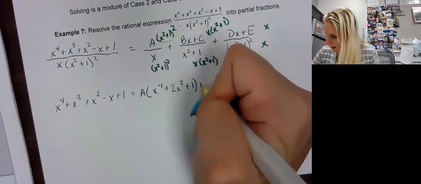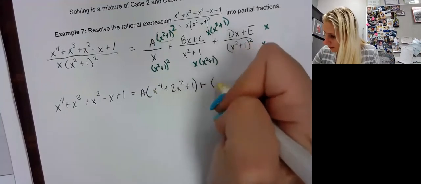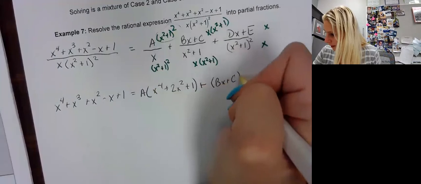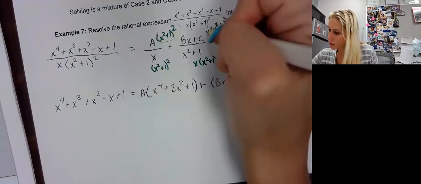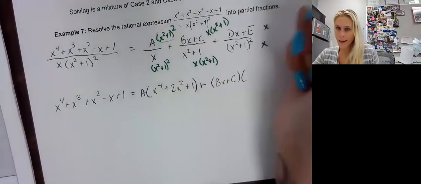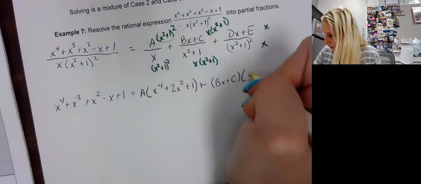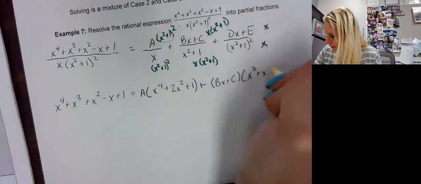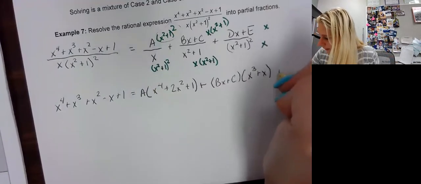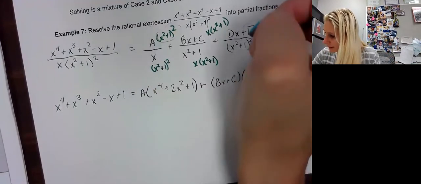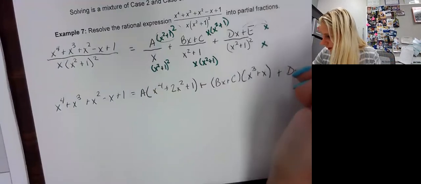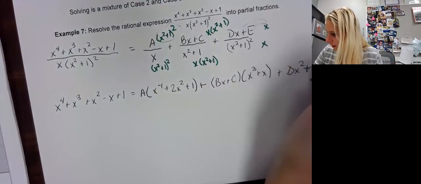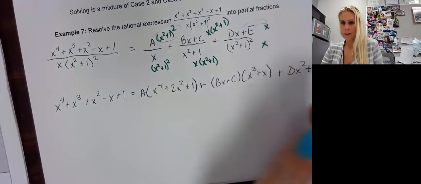Then we're going to add, I'm going to have this bx plus c times, what I'm going to do is I'm going to distribute that x to there so I don't have to worry about that. So x cubed plus x plus, and then I'm going to distribute this x out. So it's dx squared plus ex.